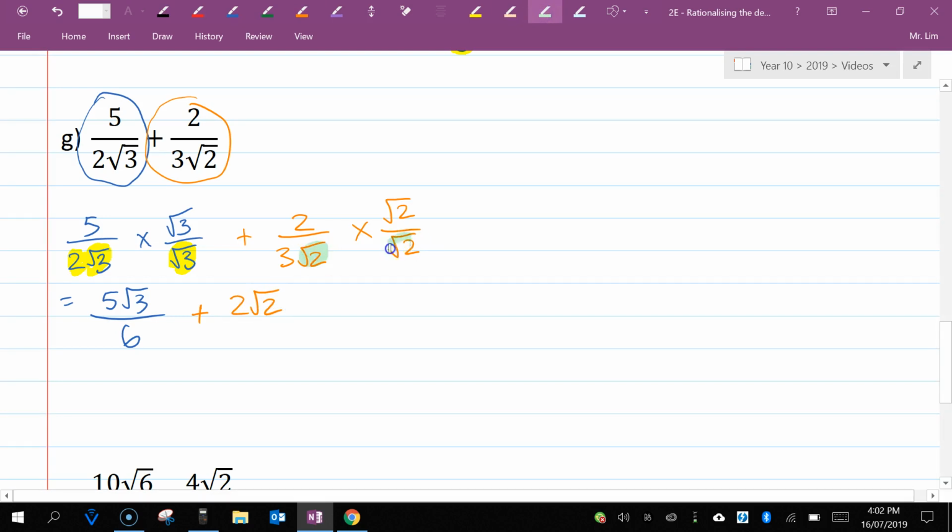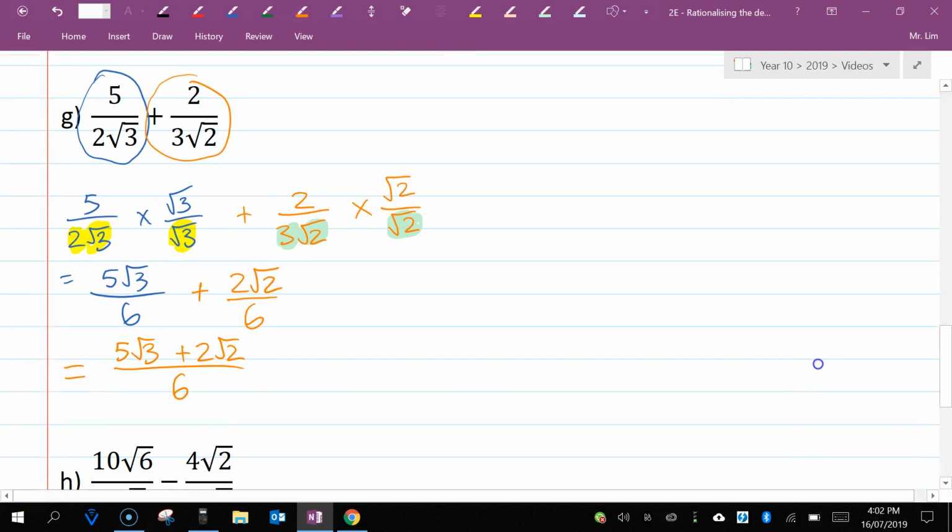Root 2 times root 2 is 2, and 3 times 2 is 6. Hey, they both have the same denominator. So we can add the two fractions. So we have 5 root 3 plus 2 root 2 all over 6. And that's it for that question.